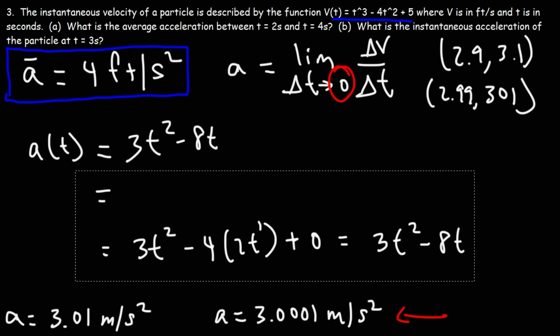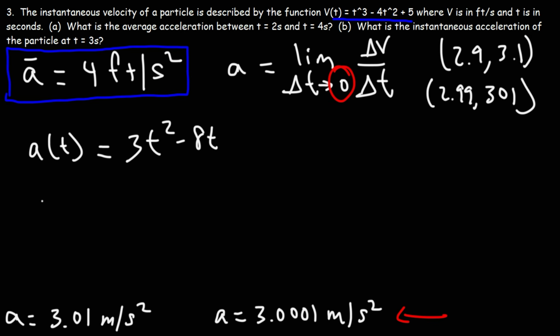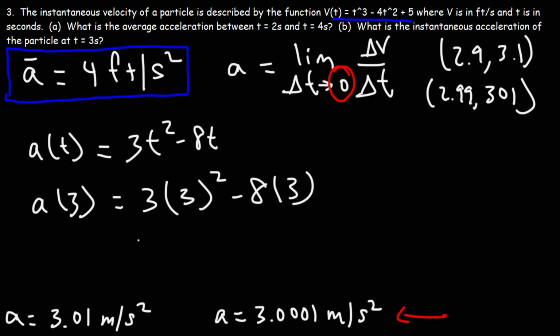So to calculate the instantaneous acceleration at t equals 3, we just got to plug it in. So it's 3 times 3 squared minus 8 times 3. 3 squared is 9 times 3 is 27. 8 times 3 is 24. So this will give us 3, and it should be feet per second squared.